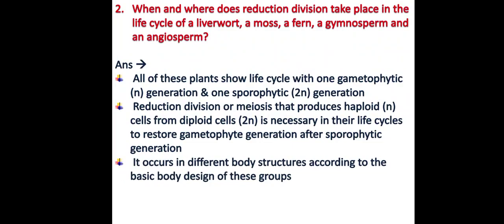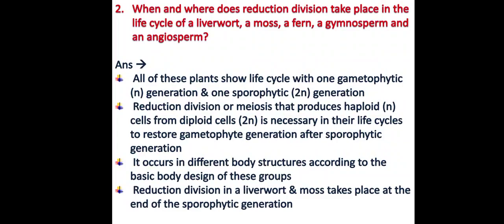It occurs in different body structures according to the basic body design of these groups. Reduction division in a liverwort and moss takes place at the end of the sporophytic generation, where haploid spores are formed by reduction division of spore mother cells inside the capsule.